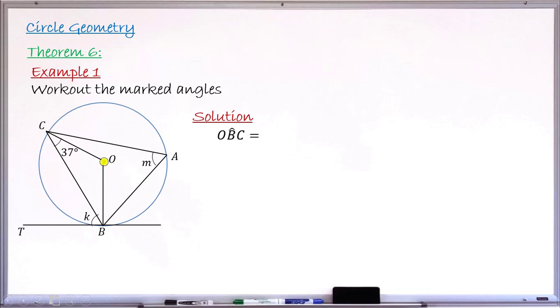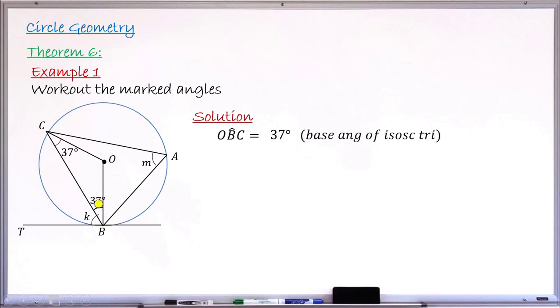So this triangle is an isosceles triangle, and base angles of an isosceles triangle are always equal. So this angle OBC is going to be the same as this angle, 37 degrees. So let me write it, and my reason: they are base angles of an isosceles triangle.